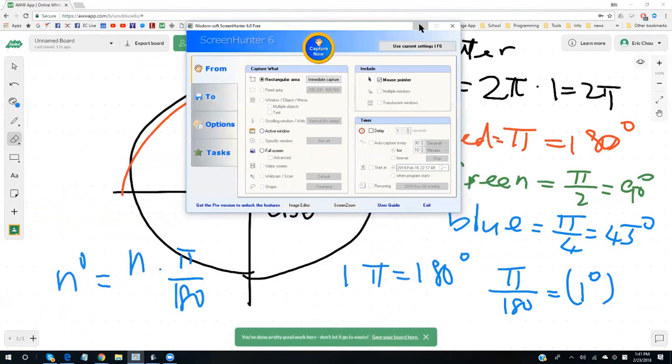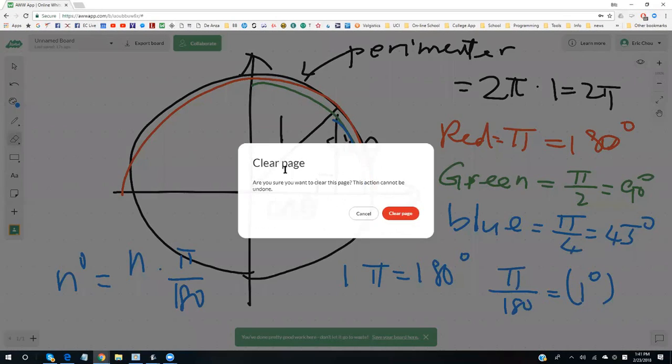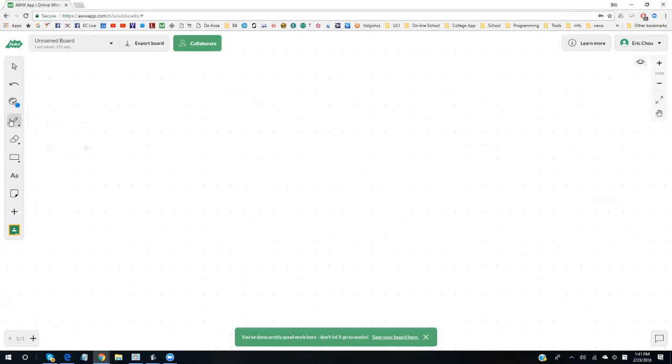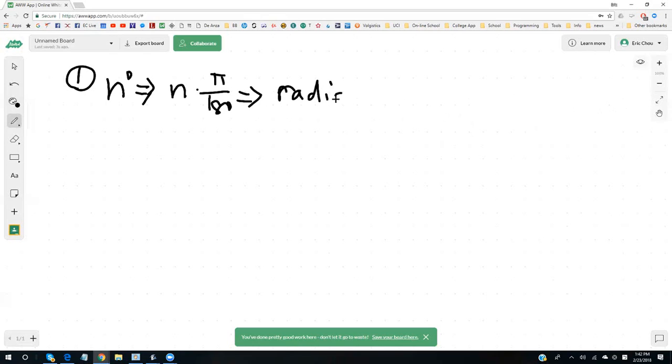Now I clean it, okay? Now the first thing we know is that I have n degrees, that actually is what? n times pi over 180 pi. This one we call radian. It's a little bit like radius, so it's a radian.